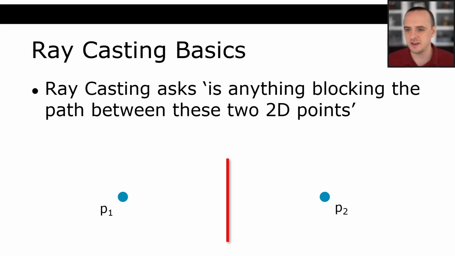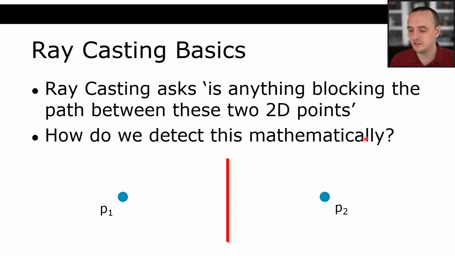So the very, very basics of raycasting. The problem of raycasting basically asks, is anything blocking the path between these two points? Right? So I have a point over here, call it P1, and I have a point over here, P2. Is anything blocking the path between these two? In some cases it might not be. In this case, there is a line between them, right? So how would we detect this mathematically?